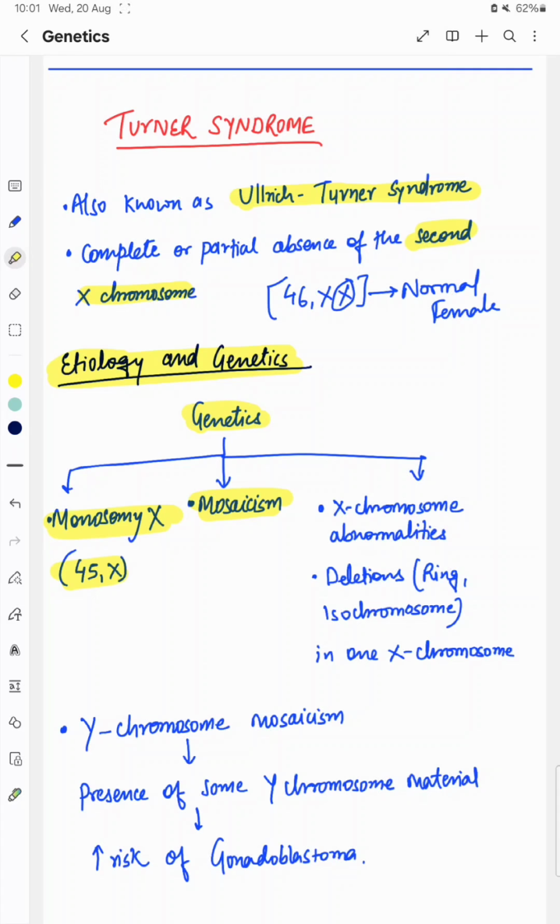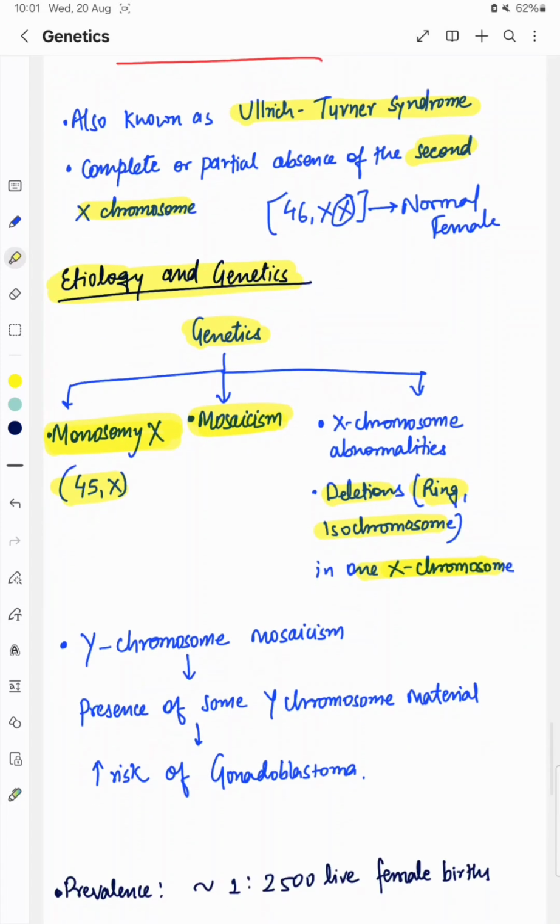Other chromosomal abnormalities include deletion, in which a ring or isochromosome can be responsible for the development of Turner syndrome. So these are the three major genetic forms. The most common is monosomy X, then mosaicism, and deletion, which includes ring and isochromosome in one X chromosome.